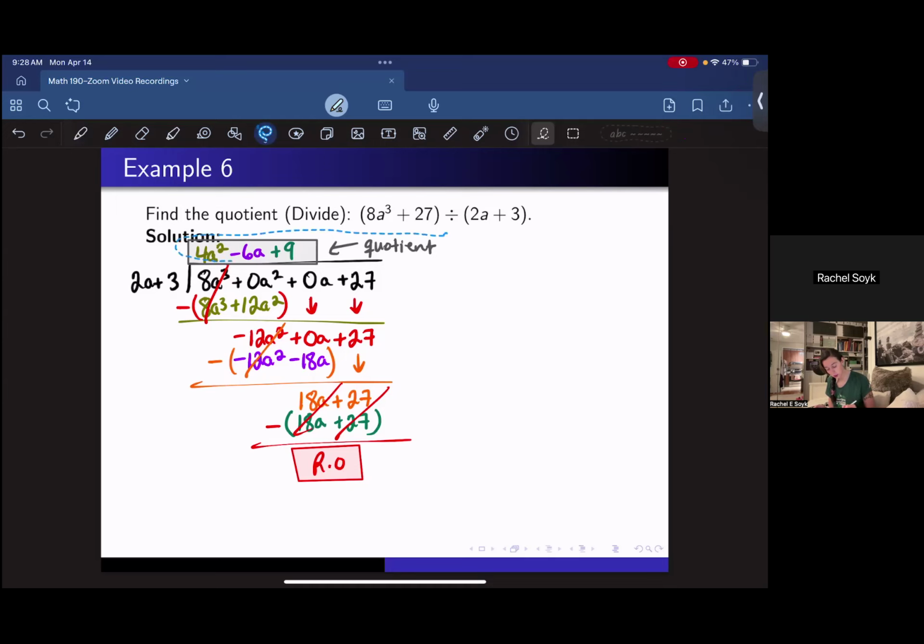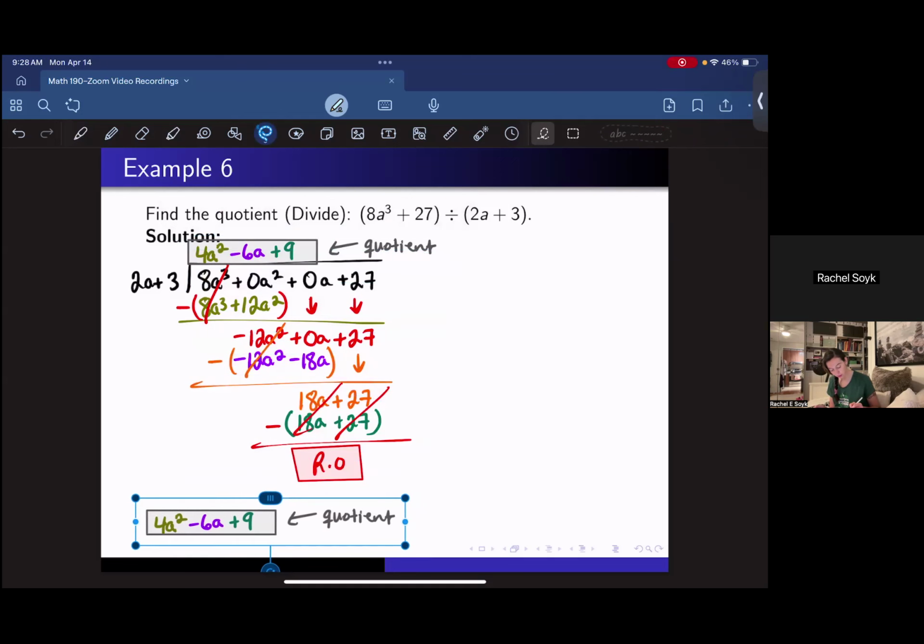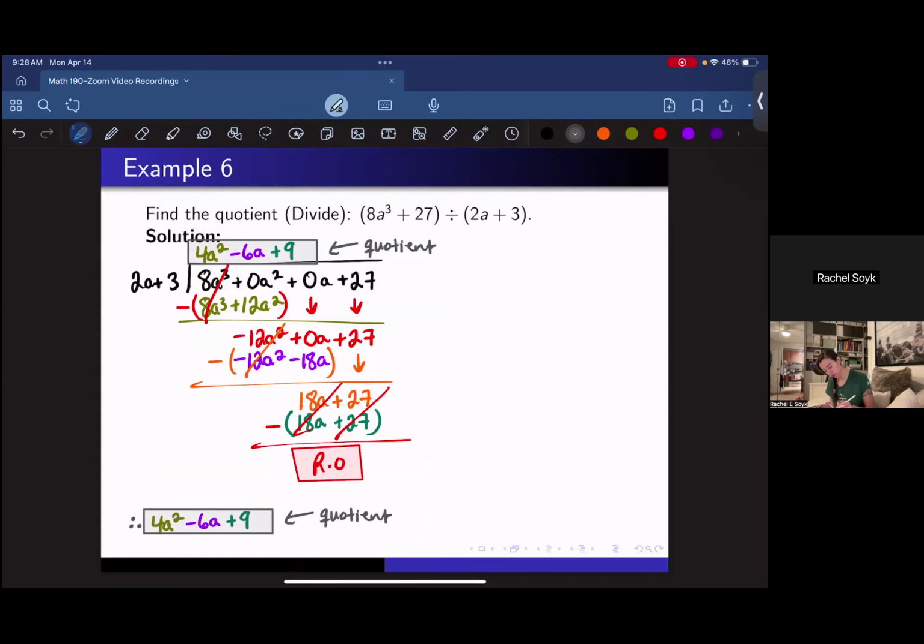Now, we could also look at it from that sum of cubes format. Maybe I'll put this as a side note. We have our sum of cubes, a cubed plus b cubed.